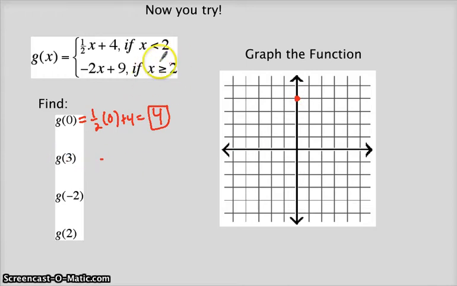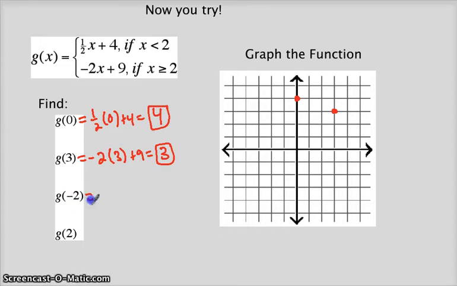3, on the other hand, is greater than 2. So I'm going to plug that into the bottom function. -2 times 3 plus 9 makes -6 plus 9 is 3, and I could plot the point 3, 3.